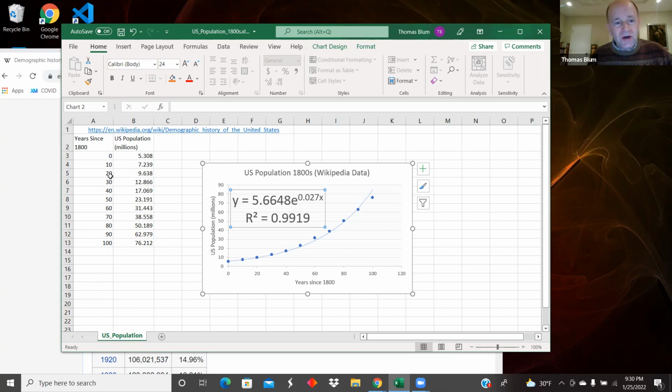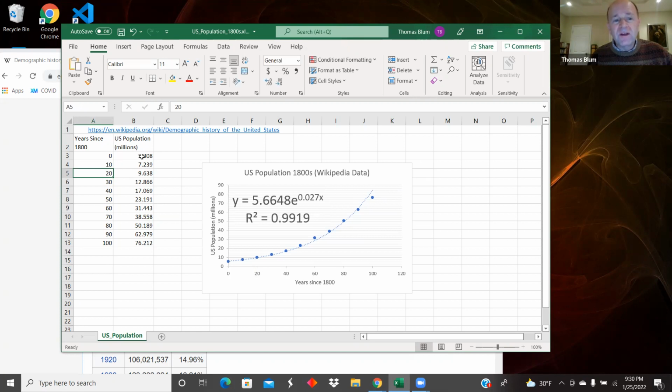If we doubled the original 5.3, that would be 10.6, right? Staring at the data, we can see it's more than 20 and less than 30. So, let's say 22 or something like that. So some estimate based on that.